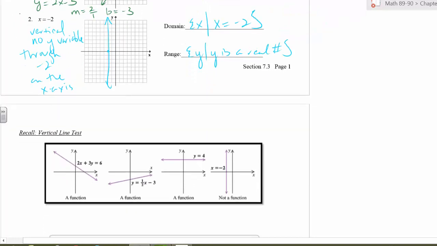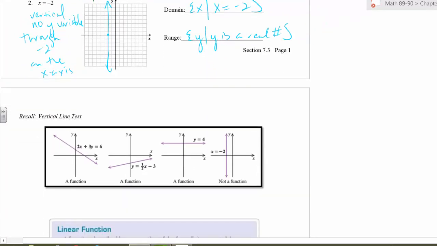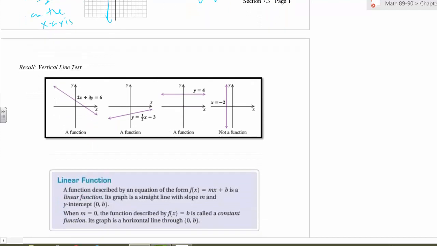So now, let's talk about what a function is, recall the vertical line test, and then look at a couple different lines here. There's a couple of things that you're going to want to notice as a pattern if you haven't picked up on it before. All lines are functions except this special case.